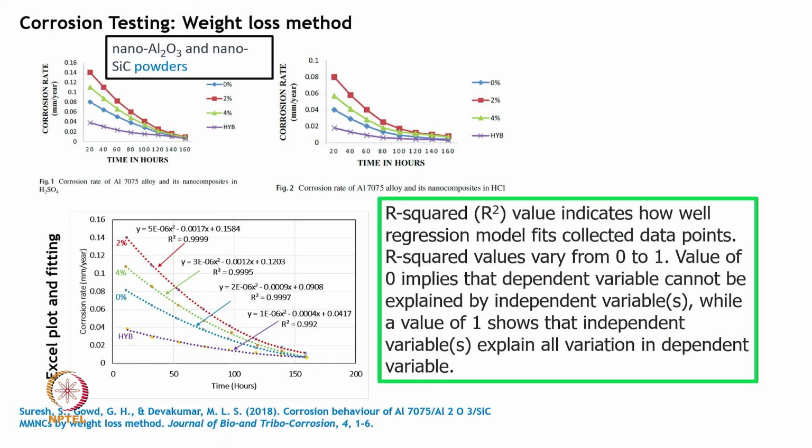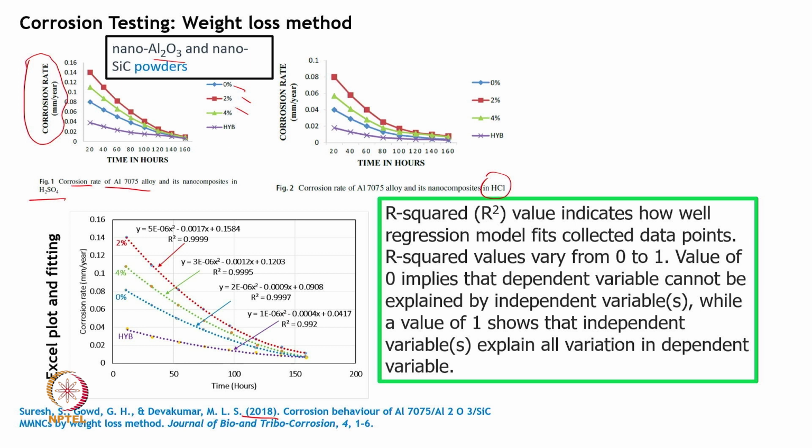Now these are the curves which I'm adopting from one literature published in 2018. Here they have found the corrosion rate of aluminum 7075 in H2SO4, sulfuric acid, and HCl. You can see the corrosion rate has been given for 0%, 2%, 4% and hybrid values of nanoparticles added in aluminum powder.